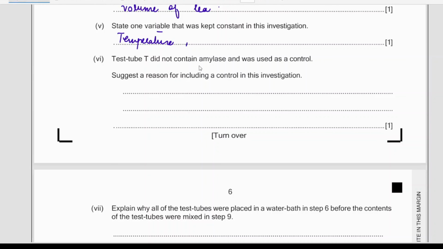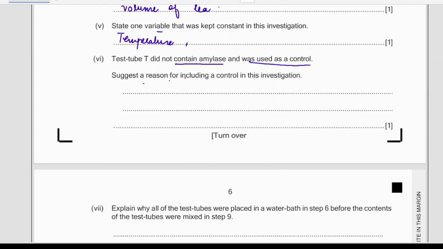Okay, test tube T did not contain amylase and was used as a control. Suggest a reason for including a control in an investigation. Okay, so how do we define control? For example, if we are experimenting with something and we exclude the independent variable, that would be our control.